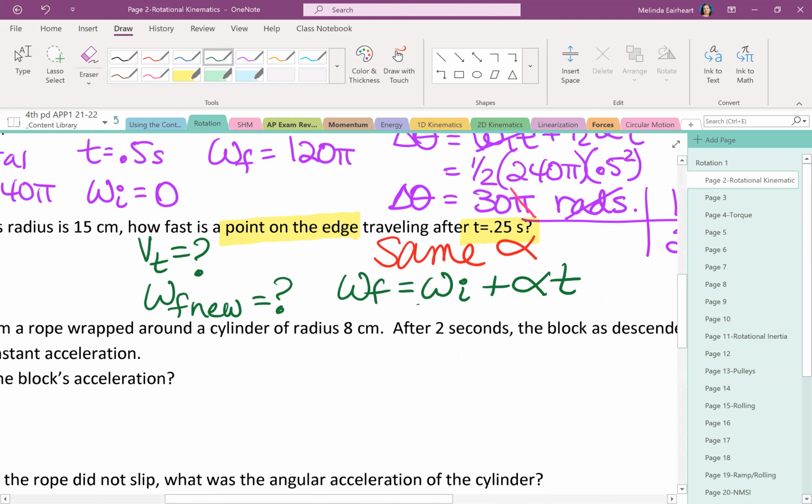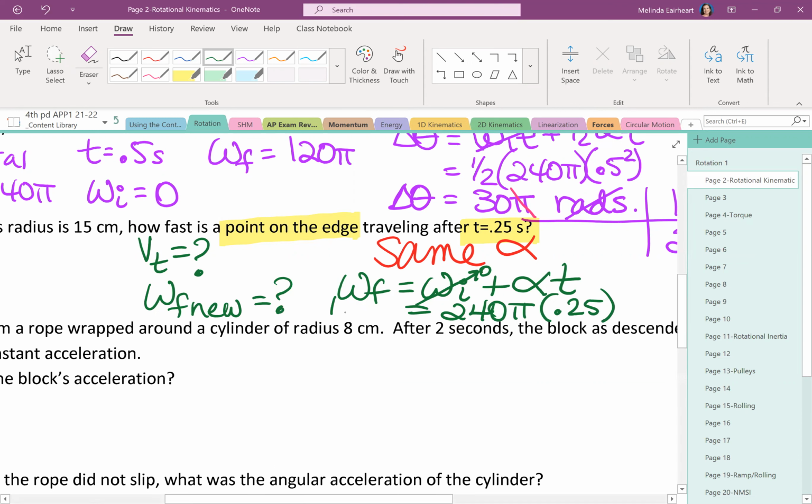We can go back to the beginning where we started with no rotation, no angular velocity. And we know the angular acceleration is 240 pi. And now our new time is 1/4 of a second. If you look, 0.25 is 1/4, so what's 1/4 of 240? 60.